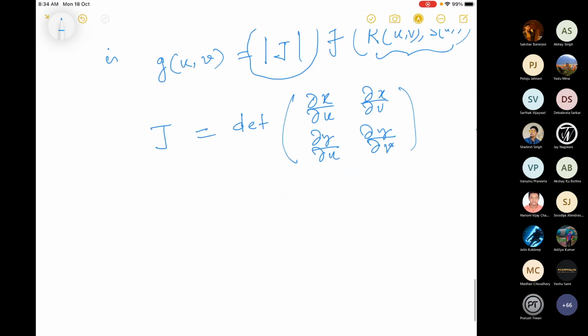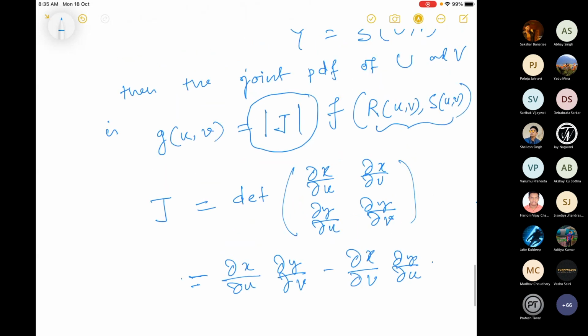If we compute this, it will be del x/del u times del y/del v minus del x/del v times del y/del u. So this is the Jacobian of this function. That's it. This g of u, v is the PDF.